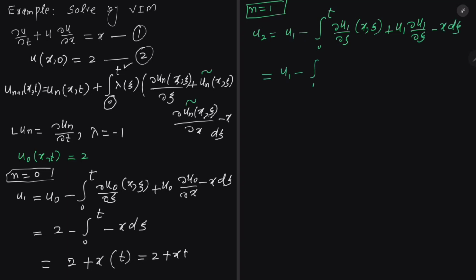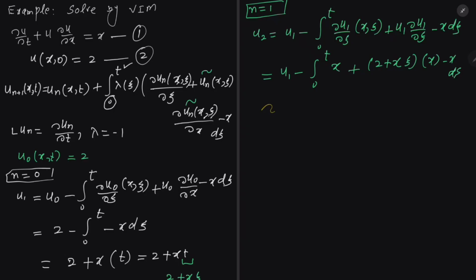So u1 minus the integral from 0 to t, take a derivative of u1 with respect to xi, replace this t with xi, 2 plus x xi, so we get x plus, what is u1? u1 is 2 plus x, t will be xi, partial u1 by partial xi, that will be x minus x dxi.